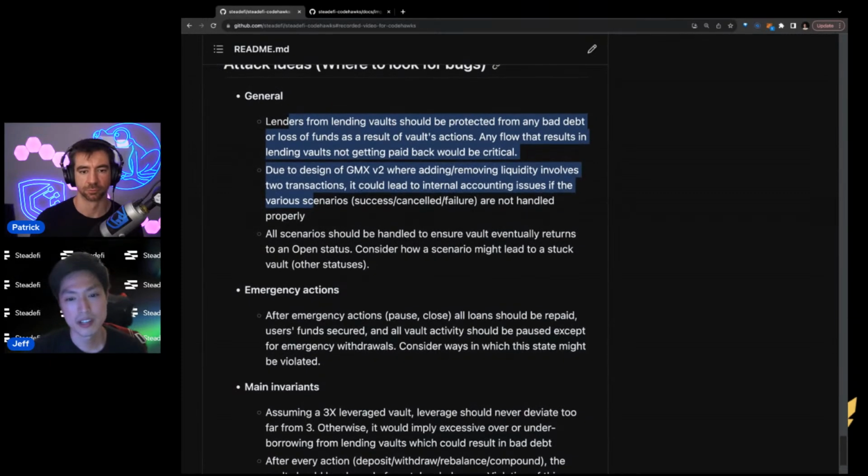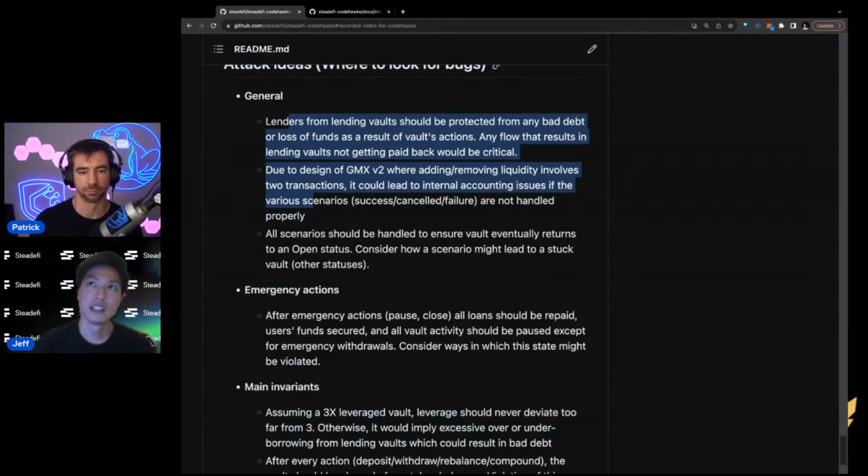To add on to that, the more high-level parts where I feel more worried have to tie into the fact that GMX version 2 has a very unique way of handling transactions. It's not a one-step transaction flow, where, as folks familiar with most normal transactions know, if anything in that transaction is wrong, the whole transaction can revert, meaning the transaction didn't even go through, so you can be a little bit more defensive.